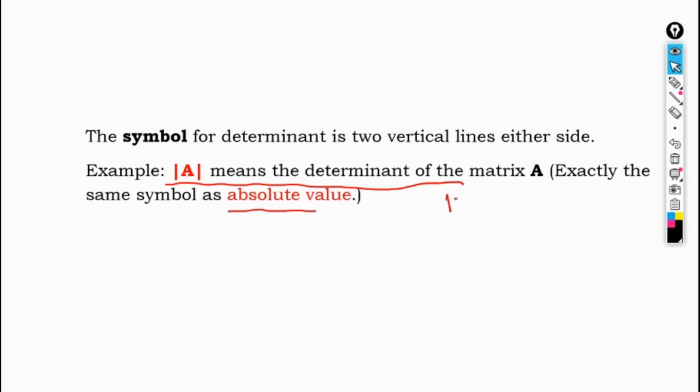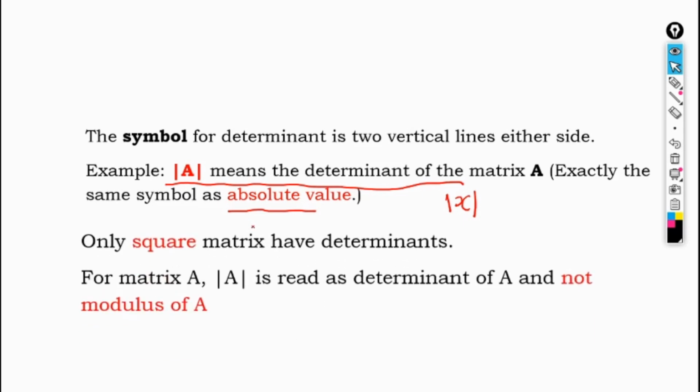Modulus of x ಅಂತ ಕರಿತೀವಲ್ಲ, ಅದೇ ರೀತಿಯಾಗಿ modulus of A ಅಂತ ನಾವು ಇದನ್ನ ಅನ್ಕೋಬೇಕಾಗಿಲ್ಲ. ಯಾಕಂದ್ರೆ ಇದನ್ನ ನಾವು determinant of A means the determinant of the matrix ಅಂತ ಓದ್ತೀವಿ. So we do not say modulus of A. Here determinant of A is read as determinant of A but not modulus of A.